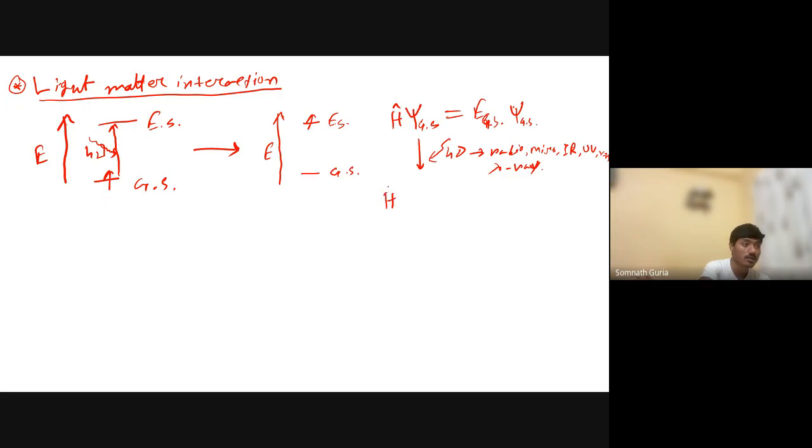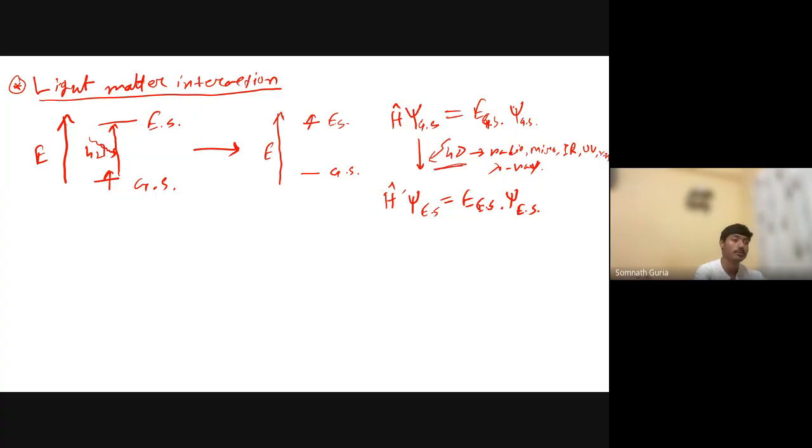We are talking about this H dash, and the wave function also changes because the shape of our electronic orbital is different in that case. That is called the excited state, which gives me the energy of the excited state, and furthermore the wave function of the excited state.